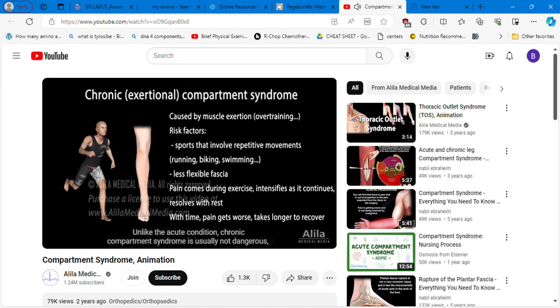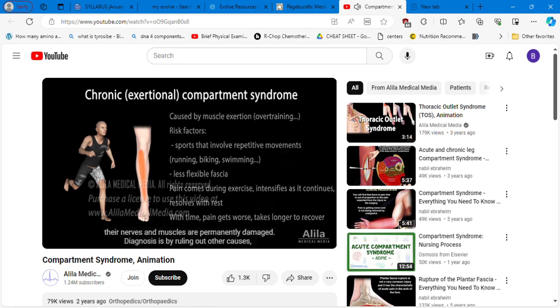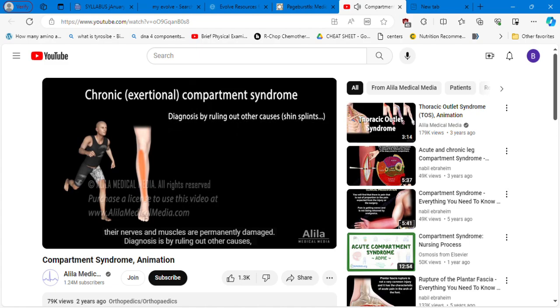Unlike the acute condition, chronic compartment syndrome is usually not dangerous simply because the pain typically stops people from continuing the causative activities before their nerves and muscles are permanently damaged. Diagnosis is by ruling out other causes and involves physical exam, imaging studies, and compartment pressure measurement tests.